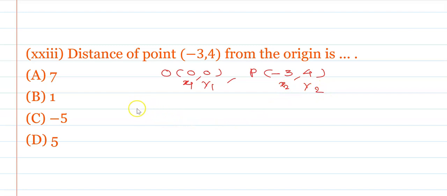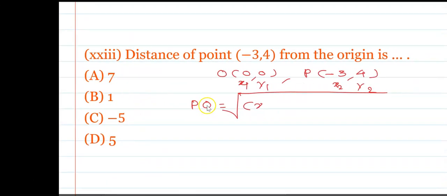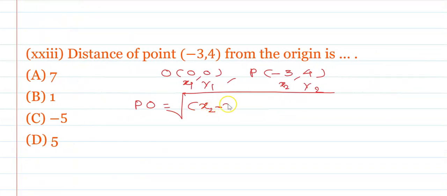Okay, and therefore the distance PO is equal to root of. Again, here we will apply the distance formula. What is that? x2 minus x1 bracket square plus y2 minus y1 bracket square. x1 and y1 are zero here.